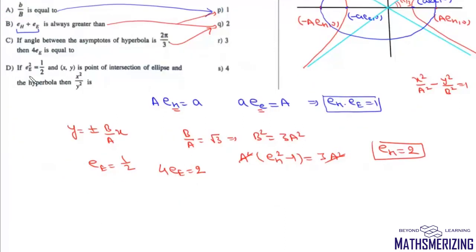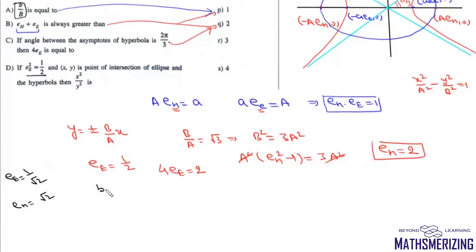Now for this fourth one, we are already given that eccentricity of ellipse is 1 by root 2, which simply means eccentricity of this hyperbola will be root 2. Now in the first part, we have already established that small b upon capital B is equal to 1.